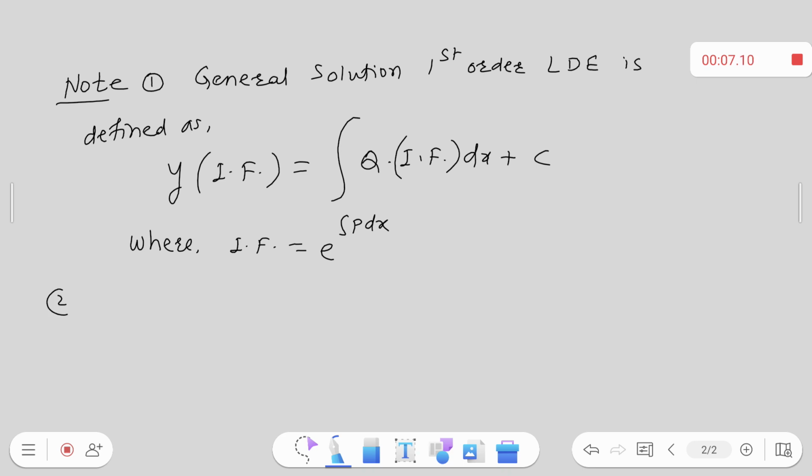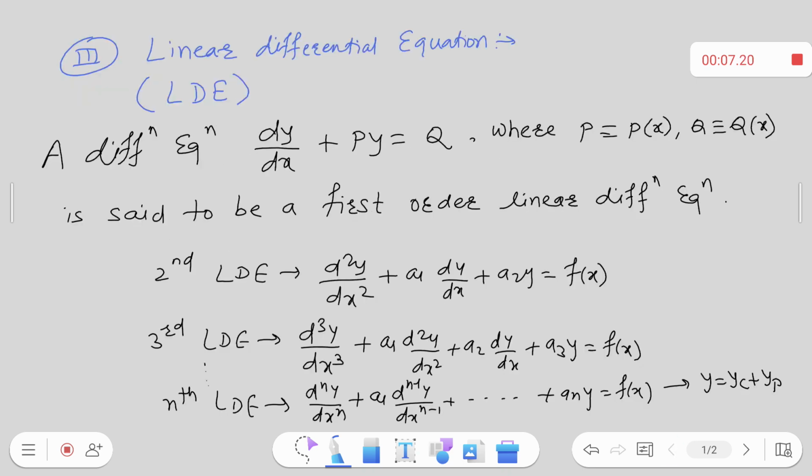Second note: if we change the role of variable, then we may get one more linear differential equation. Now in dy by dx, y is the dependent variable and x is the independent variable. If we change the role, and assume x as dependent variable and y as independent variable, then we may get one more linear differential equation in terms of x.